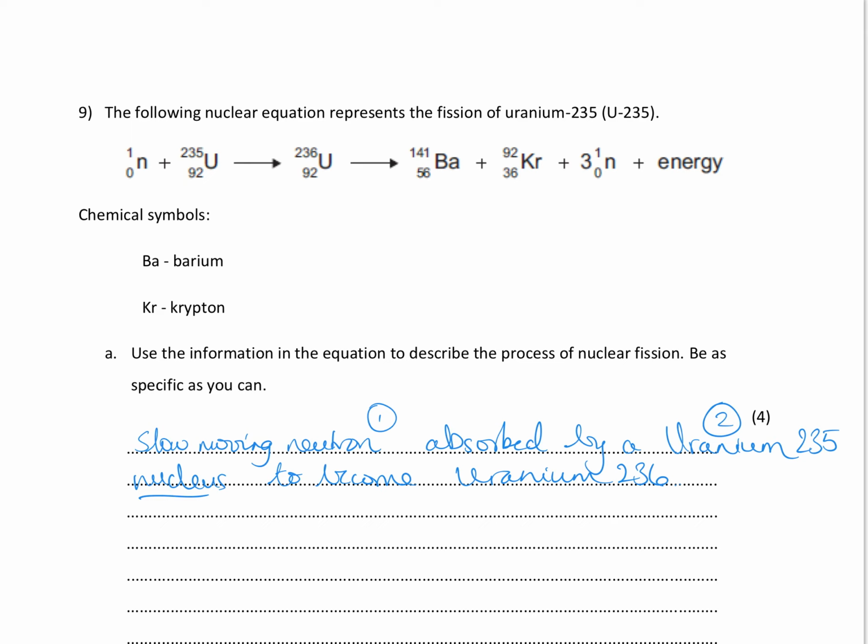Now, the next stage is that uranium-236 is unstable and therefore splits into two, in this case, two smaller nuclei, which is barium and krypton.